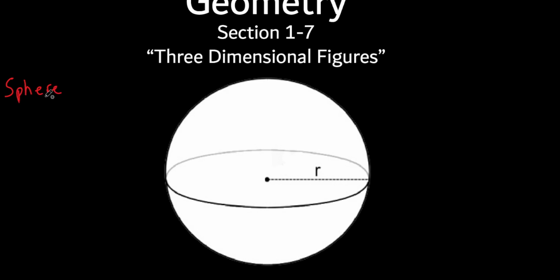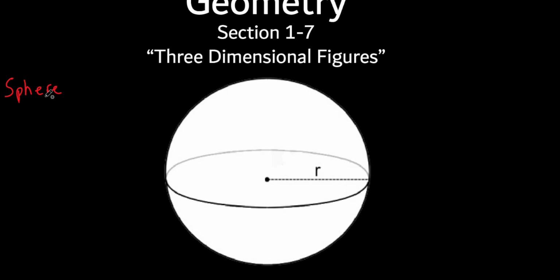So basically, I'll just read the definition. I'm not going to write it down. I'm not going to ask you to give me the definition or anything like that. I'll just read it. It says a sphere is a set of all points in space. So it's not just in 2 dimensions. It's all in space. Space means everything around us, okay? So if you have a point right here, it's the given distance from that point.